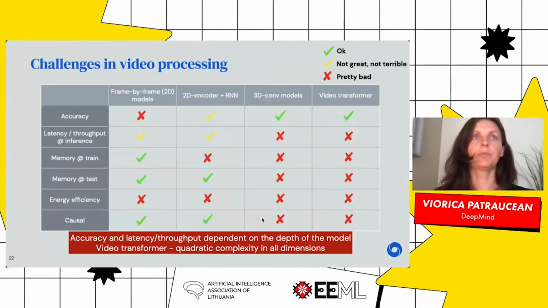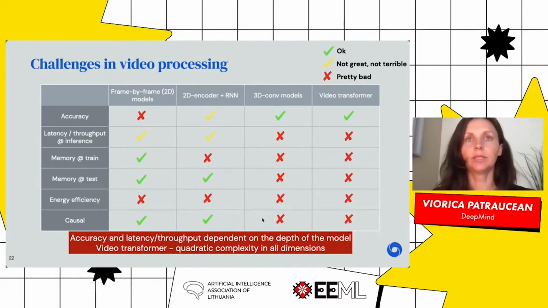Here I've also summarized different challenges when it comes to latency, throughput, and memory requirements, and also the notion of whether these models are causal or not, because all these aspects are very important when we talk about real-time applications like robotics, autonomous driving, VR. All these require real-time execution.